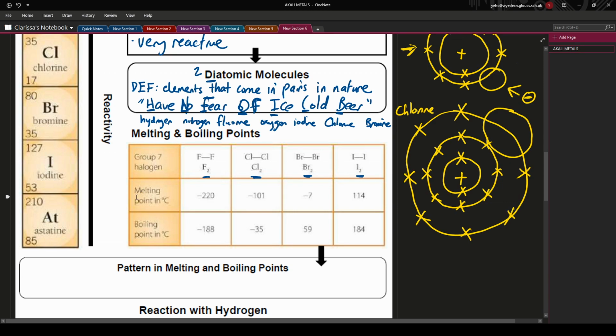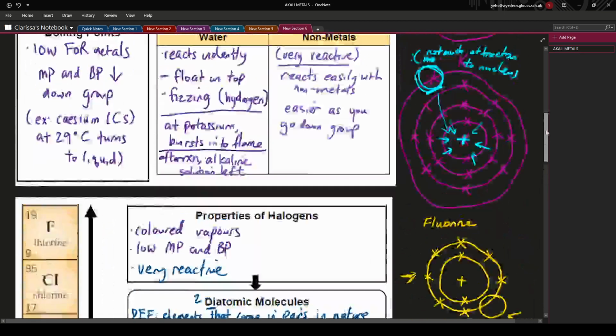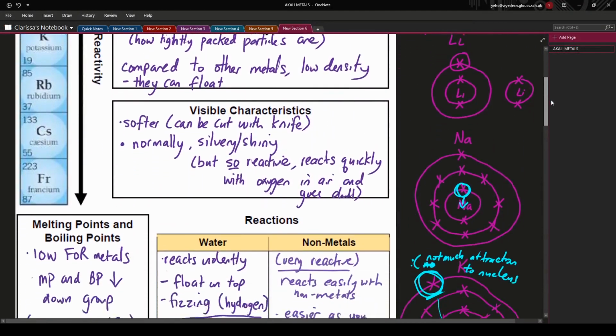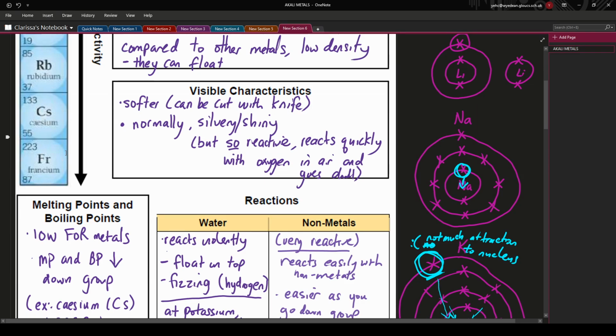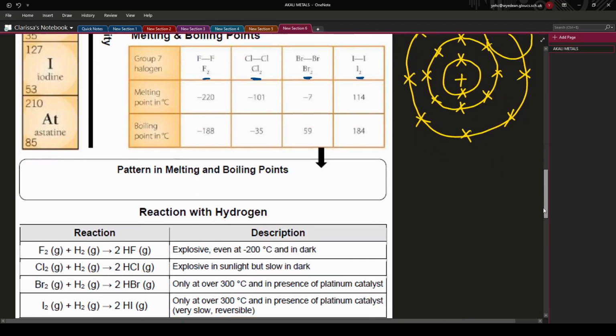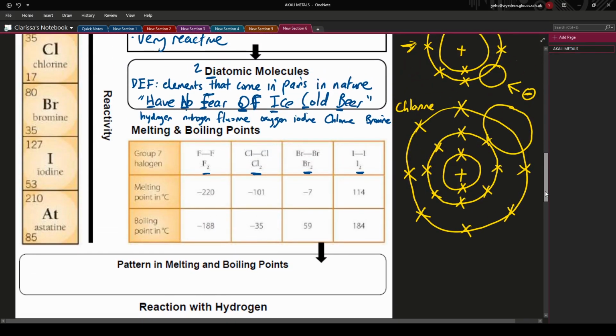Okay. Now spotting the pattern in the melting and boiling points and relating that to reactivity. If you remember, from our alkali metals, as we go down the group, the melting and boiling point lowers, meaning it's easier to melt it, easier to boil it, because a lower temperature is required.